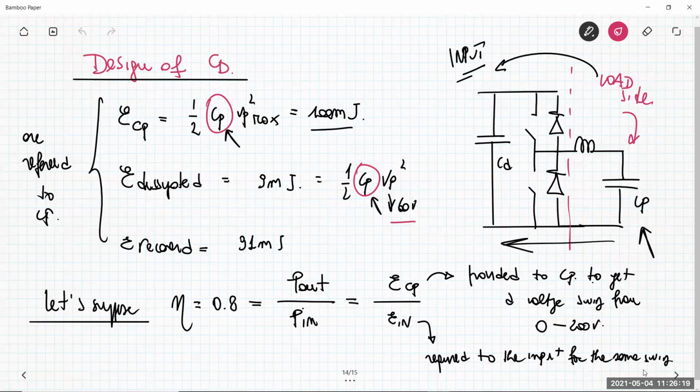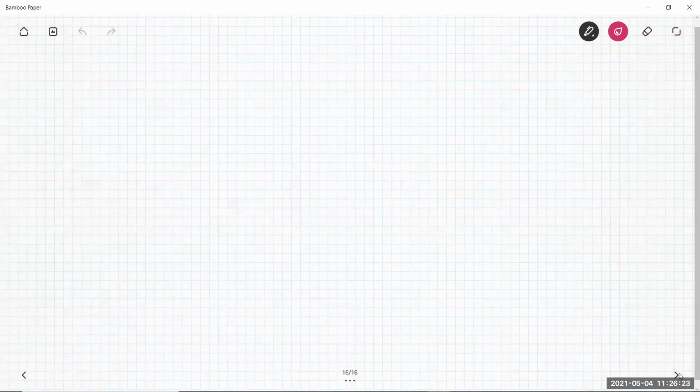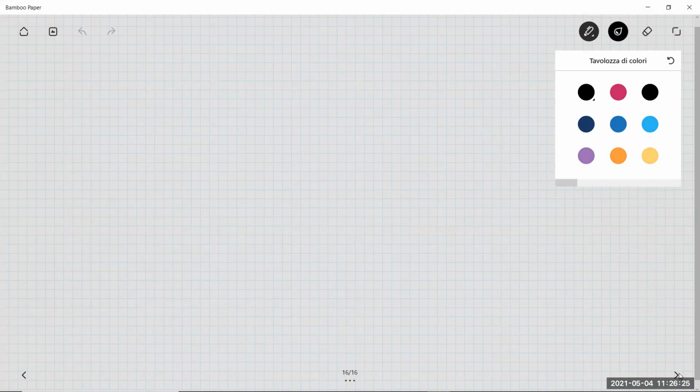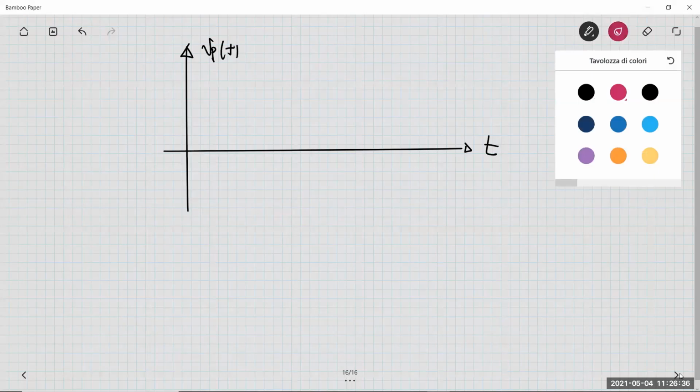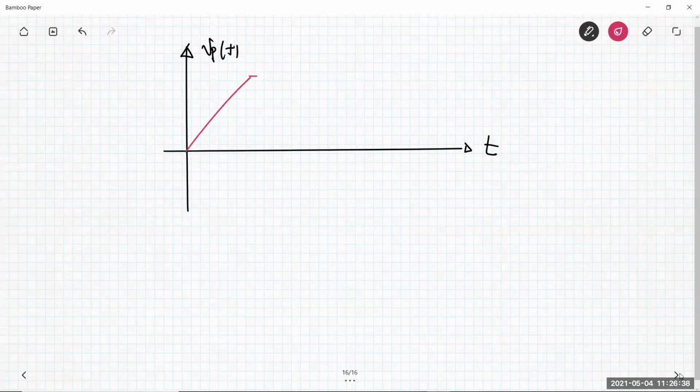So basically, let me just put this in a graphical description. We have the voltage Vp, and then from this graph we can continue tomorrow. I have the voltage Vp with this behavior, for a single pulse. 200 volt, which is Vp max here.